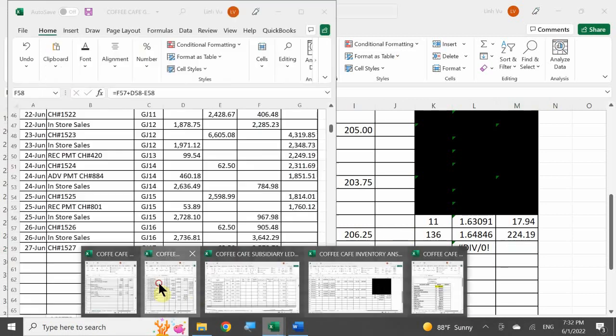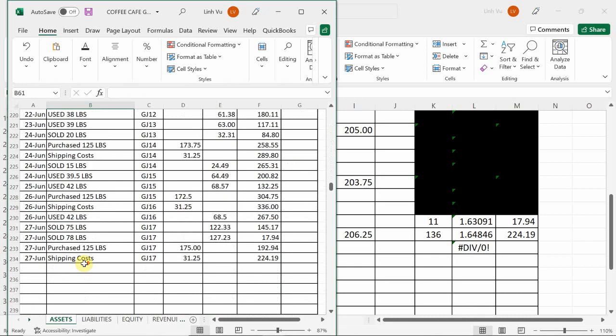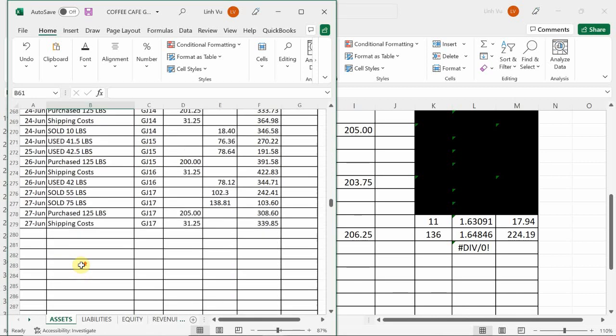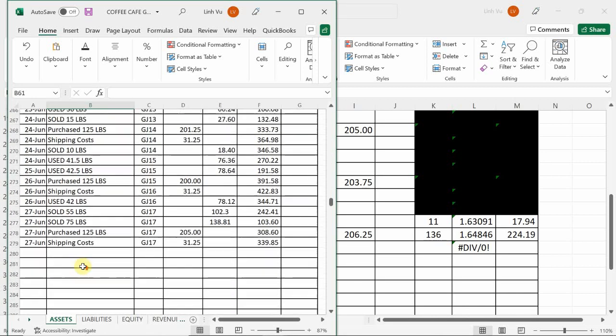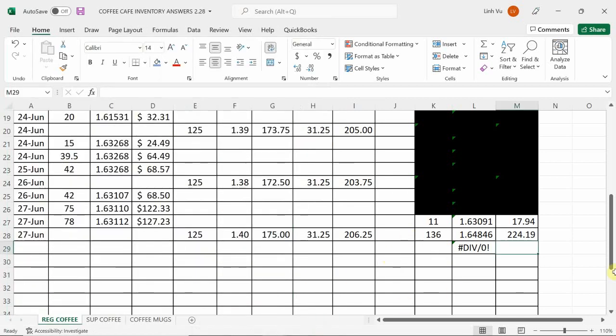I'm going to double check my regular coffee account to see that's correct. So here's my regular coffee for $224.19. Okay, good.